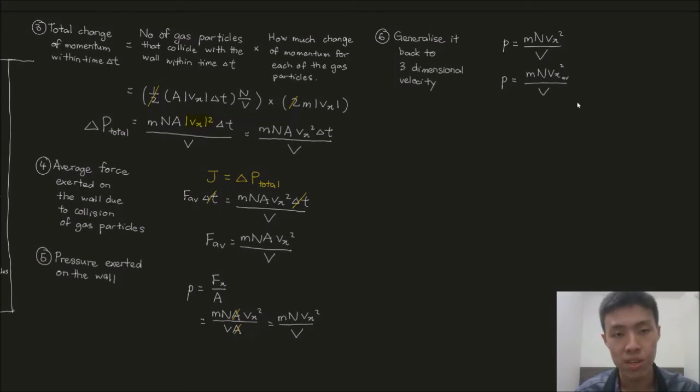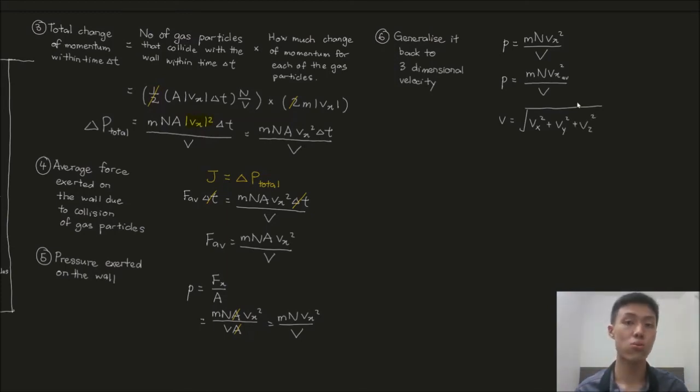If something wants to be 3D, let's find how you represent velocity in terms of its components first. So velocity is v. If you want to find the magnitude of that velocity, it will be the component in x plus the component in y plus the component in z.